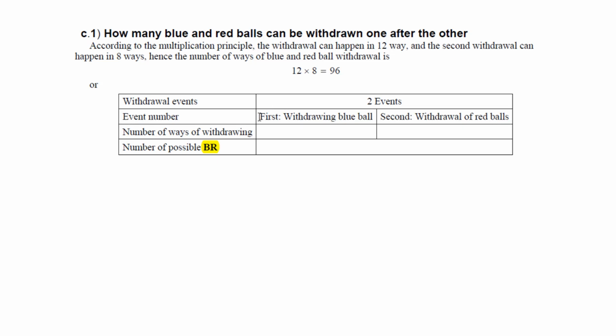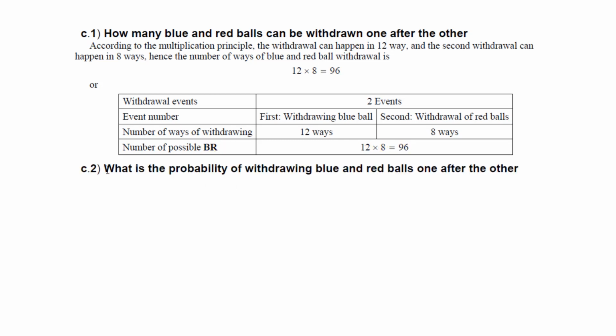We can also use the table of events, and we write here the first event withdrawing a blue object and the second event withdrawing a red object. So the first event can happen in 12 ways, and withdrawing a red object can happen in 8 ways. We multiply them together and we get 96. So 96 ways of withdrawing blue, red.